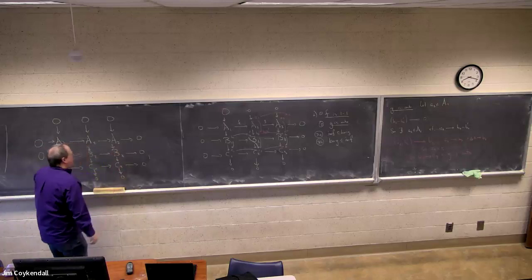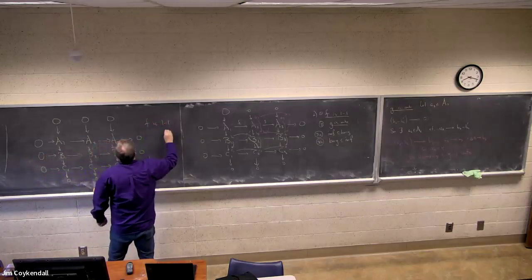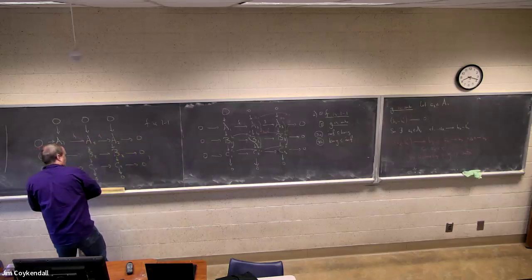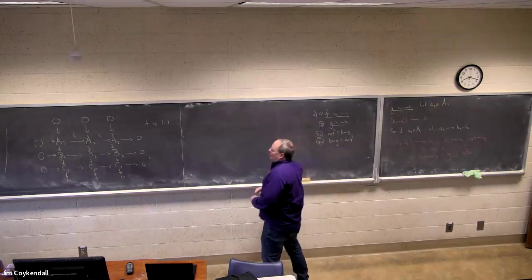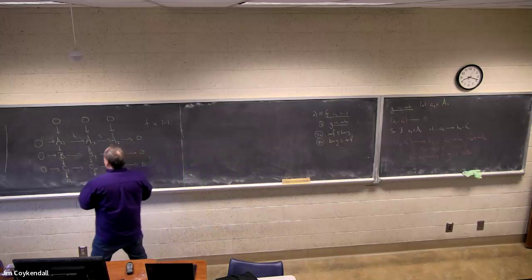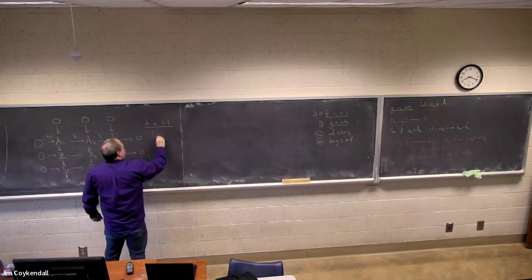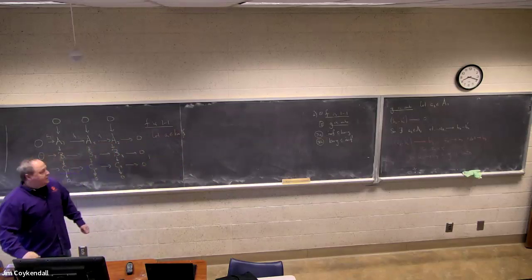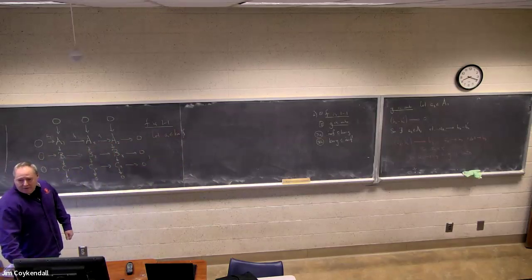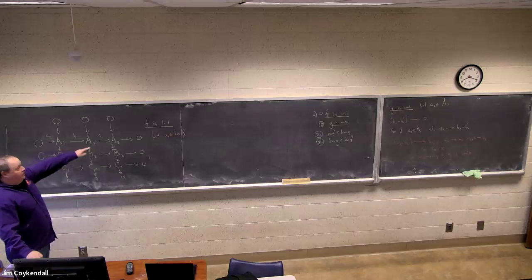So next step, what I want to do is show F is 1 to 1. Okay, so let's let A1... and of course, ultimately, I want to show that A1 is 0.